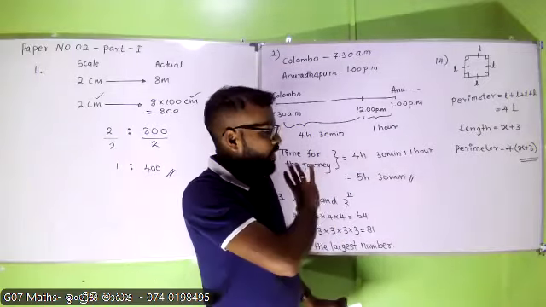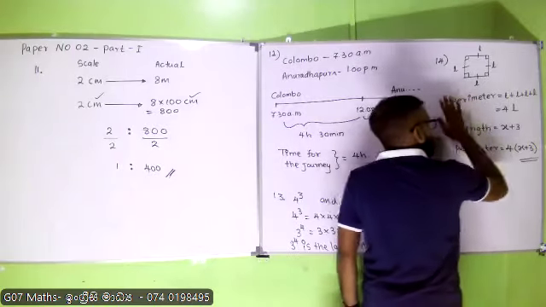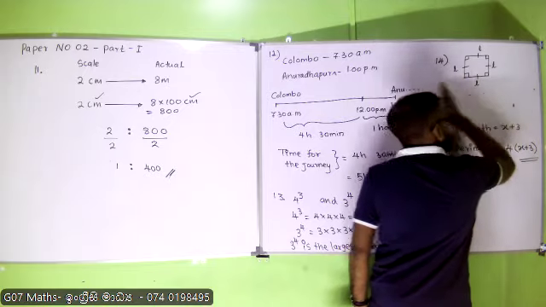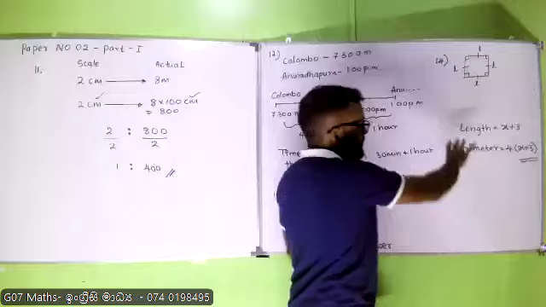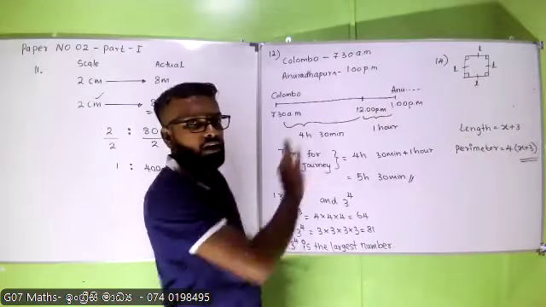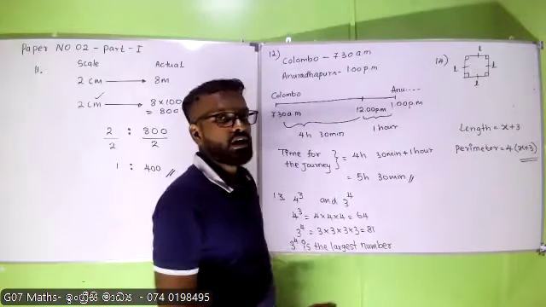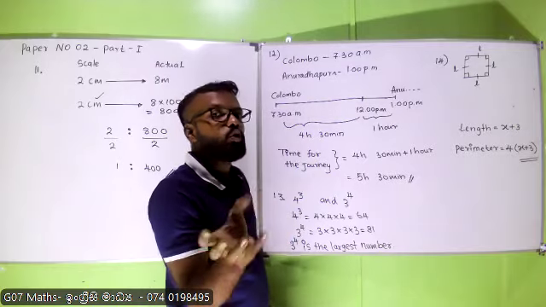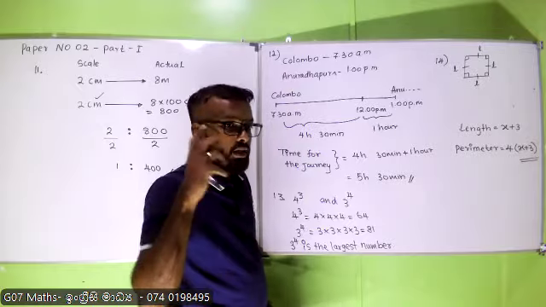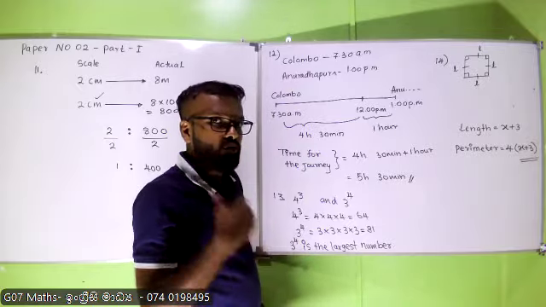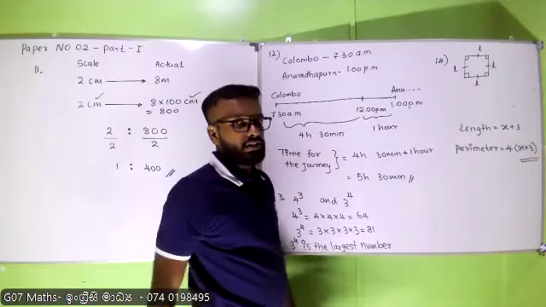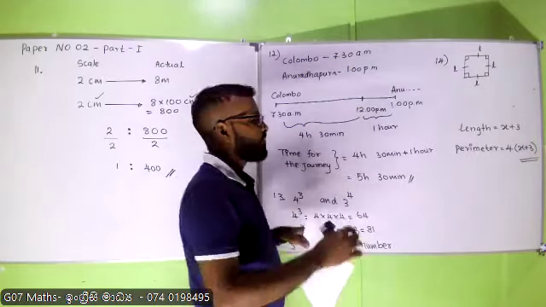You can directly write the answer, no need to write all this. If you know the concept, this is the answer. I wrote all the things because you need to understand it, remember it and refresh your knowledge. That's why I wrote down L plus L plus L plus L first.